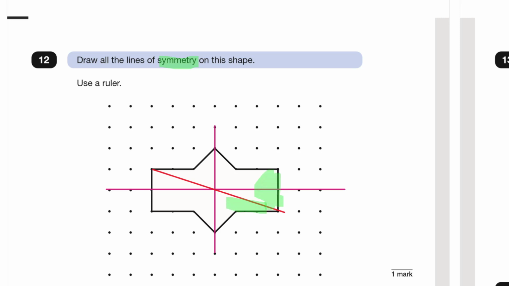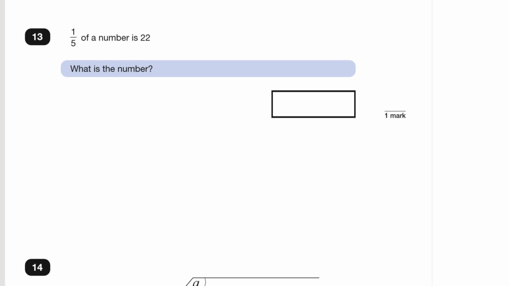It wouldn't match up. So there are just two lines of symmetry on this shape, and it's very important that you use a ruler and that you go through the vertices exactly as they are, because if you were to do this slightly off, it would be incorrect. It needs to go through exactly where you would fold your shape in half.